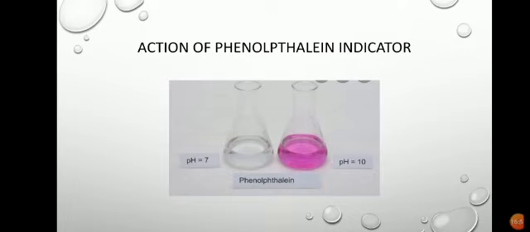If you dip litmus paper, China rose indicator, turmeric paper or phenolphthalein, you will observe no change of color. These are all neither acidic nor basic. They have pH 7. Remember, they have pH 7, and they do not show any change of color with these indicators.